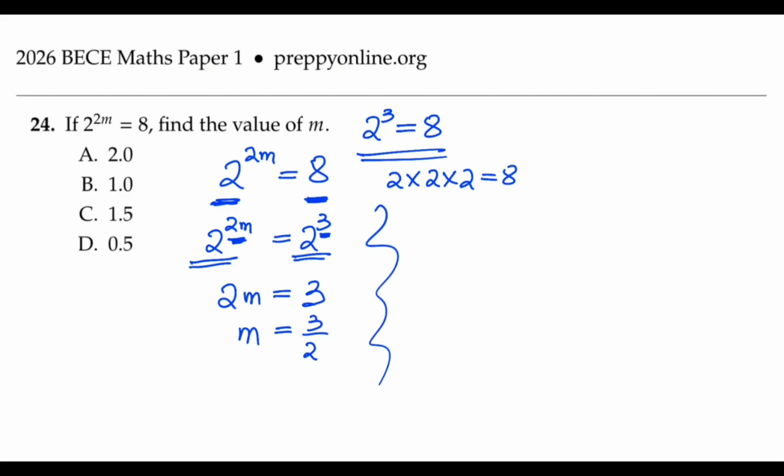Well, 3 over 2 is equal to 1 and a half. And looking at the answers here, they want us to write it as a decimal. Half is the same as 0.5. So 1 and a half is the same as 1.5. So that gives us the answer C.